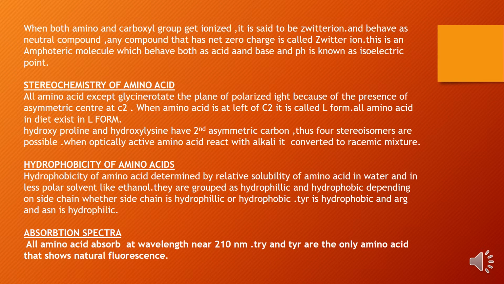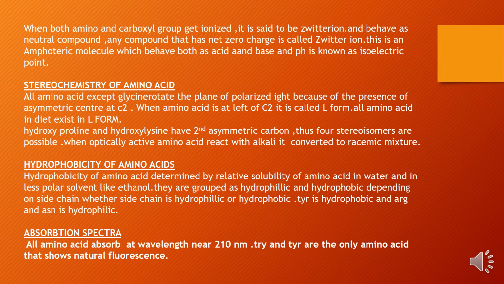When both the amino and carboxylic groups get ionized, it is said to be a zwitterion and behaves as a neutral compound. Any compound that has net zero charge is called a zwitterion, and this is an amphoteric molecule which behaves as acid and base, and the pH is known as the isoelectric point.